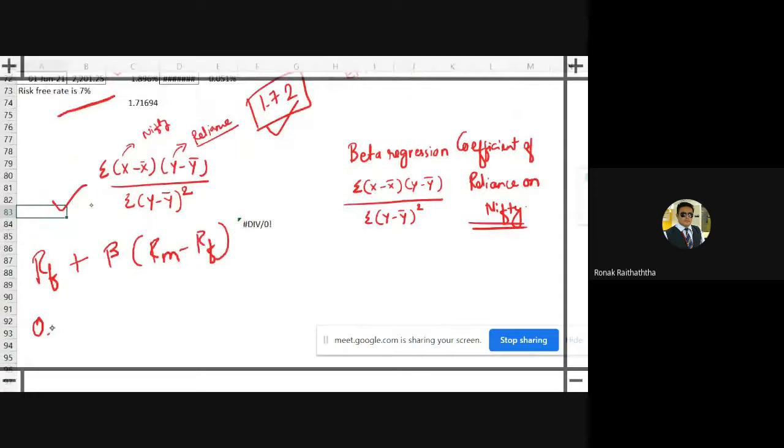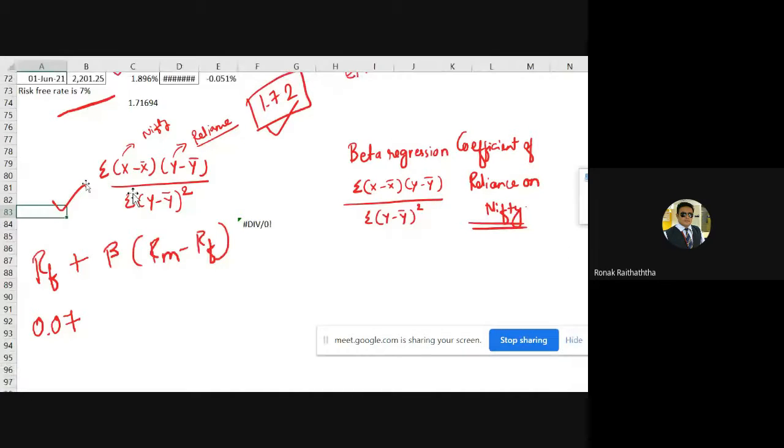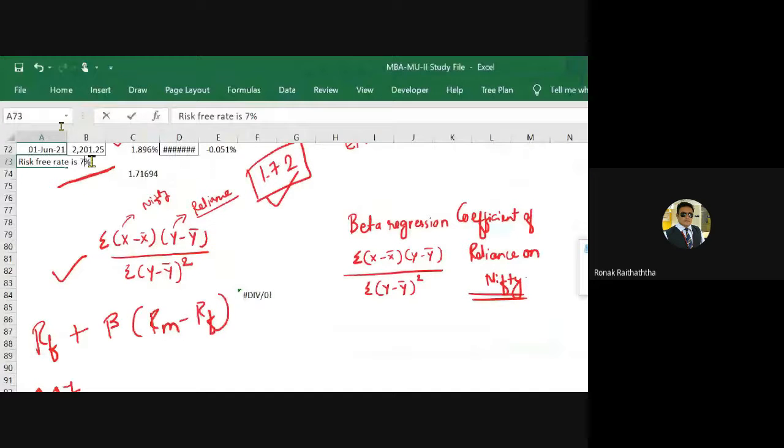0.07. And one more thing that, see, 7% might be given to you on a yearly basis. So you may have to convert it on a monthly basis. So let me just convert that into a monthly. And let's assume that the monthly expected rate, risk-free rate, is just 1%.